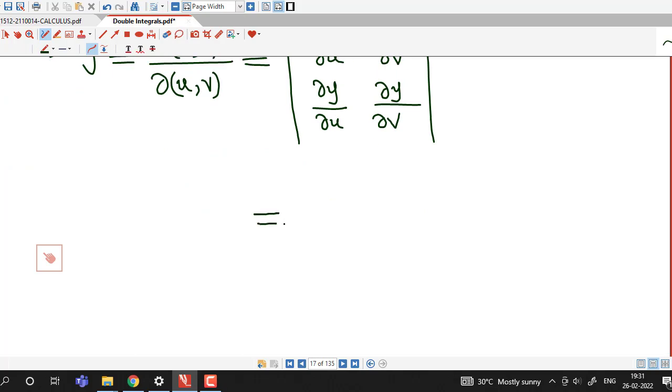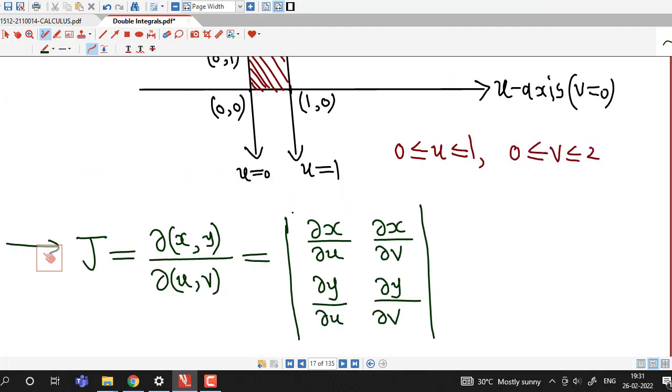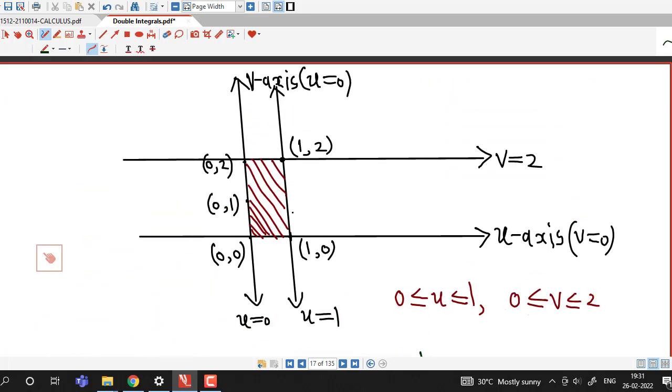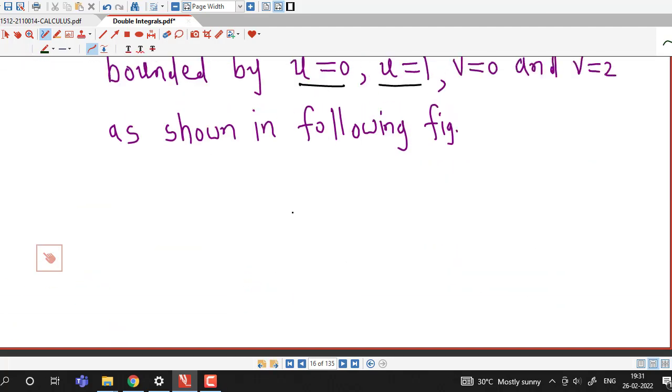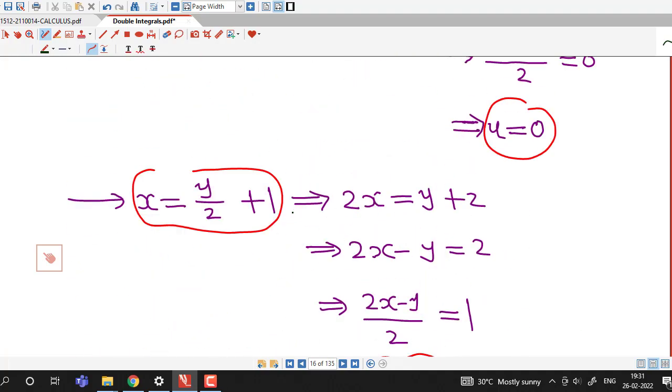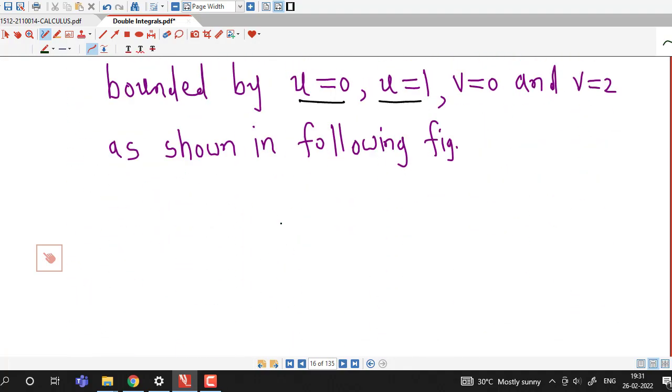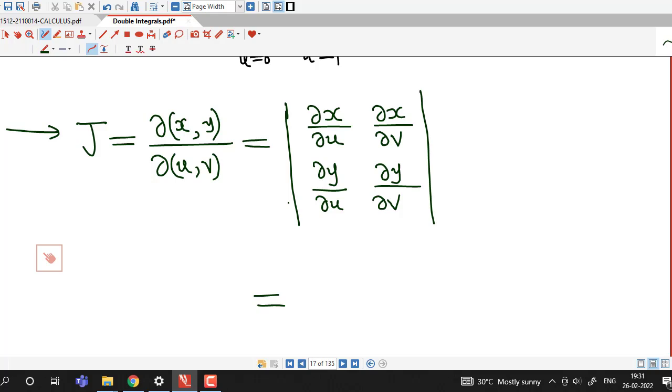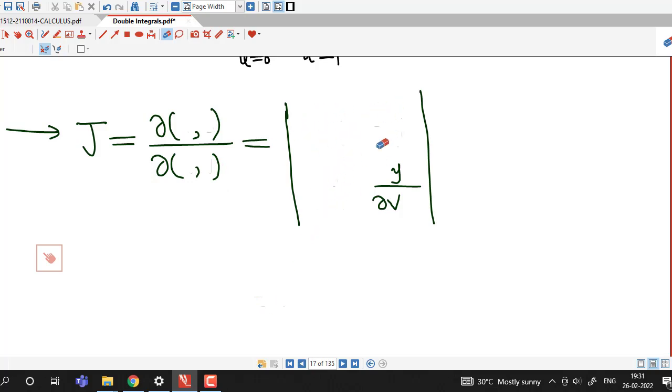Now we are given the formula for u and v. We are not given the formulas for x and y in terms of u and v. So instead of finding this Jacobian of xy with respect to uv, we find out Jacobian of uv with respect to x and y, because we are not having expressions of x and y in terms of u and v.